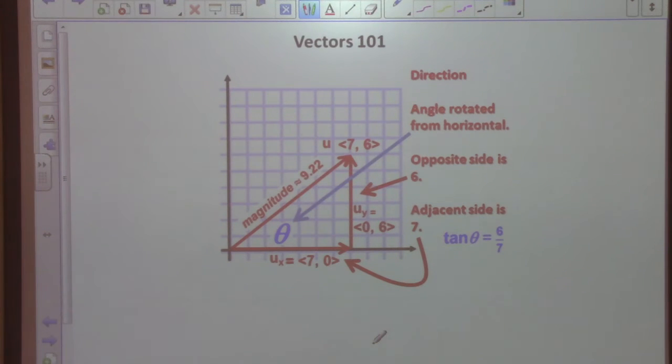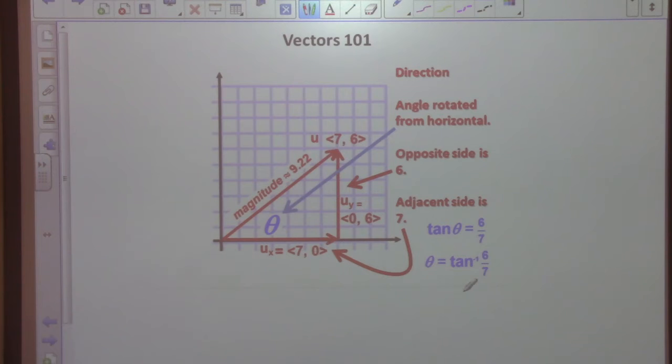So the trigonometric ratio that relates the opposite to adjacent is the tangent, which seems to be for vectors the one for direction that you're going to be using more than anything else. And to find what the actual measure of the angle is, you get it by taking the inverse tangent.